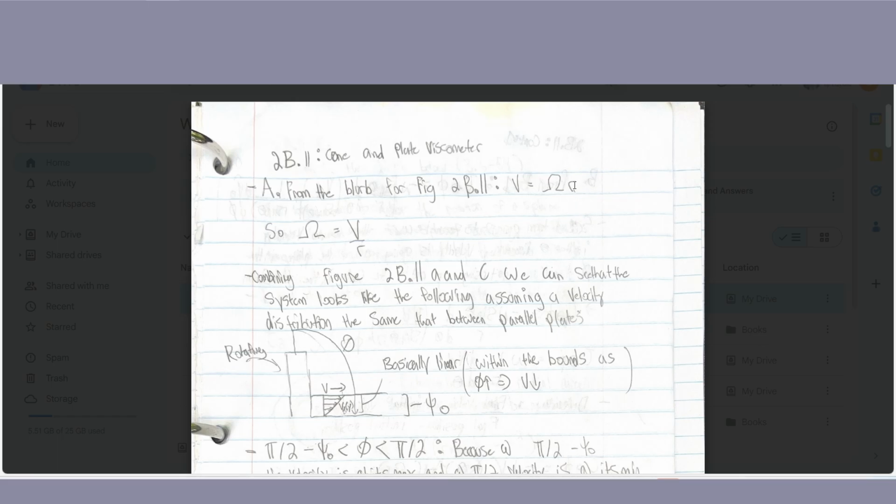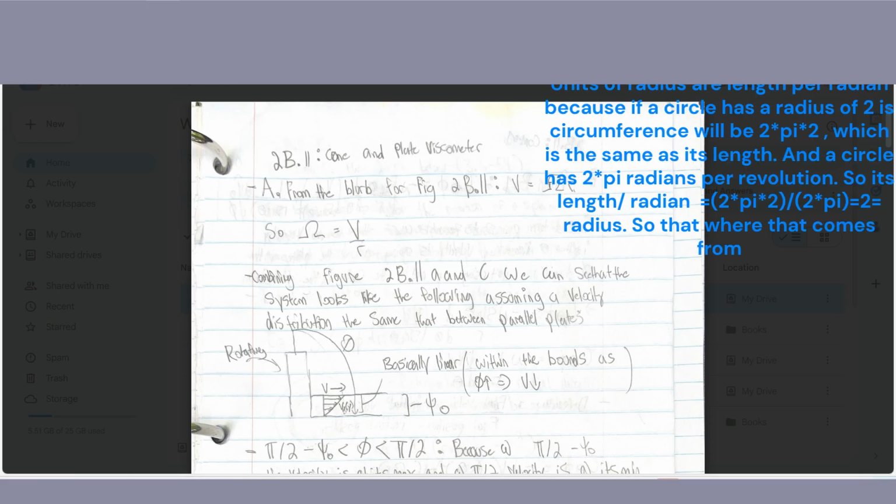If you're thinking about the radius, there'll be one radius for every 2 pi, and there are 2 pi radians in a single revolution. So the units of radius are length per radian, and the units of omega are radians per second.